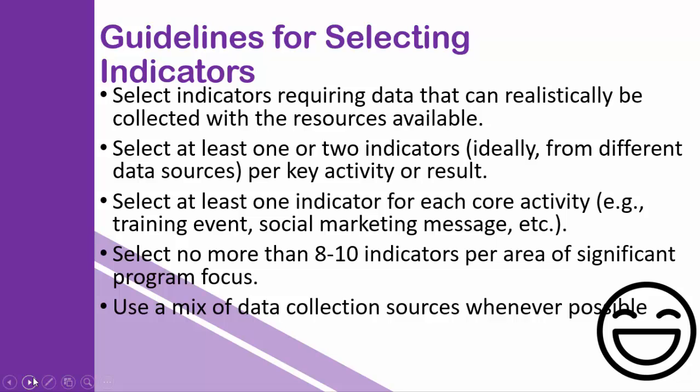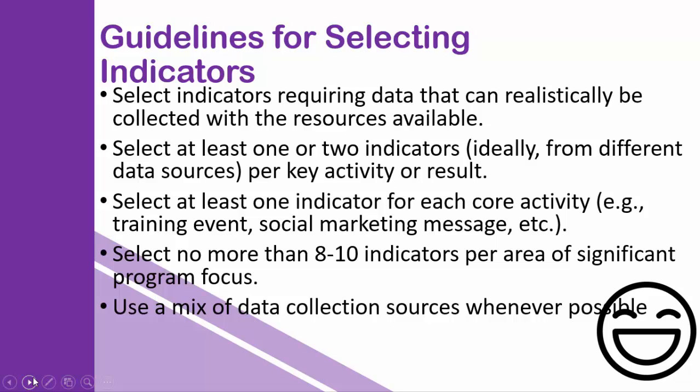You have an organization that wants to collect over 100 indicators and you ask them, how are you going to collect it when you don't have enough funds to collect it? And even if they do have the funds, how much time is it going to take to collect? Because by the time you're generating a report, you would have missed a quarter.